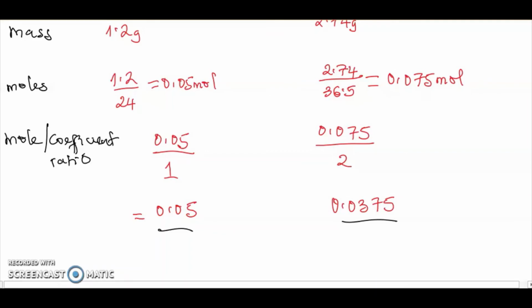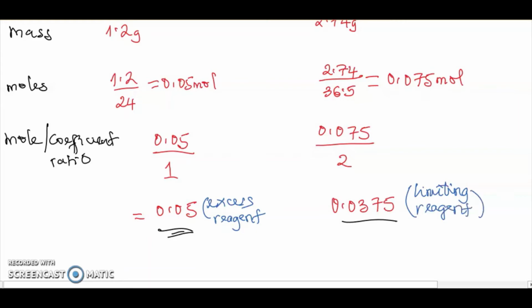Now, between these two values, which one is greater? You agree with me that 0.05 is the greater value. So this is the excess reagent. The one with the greater mole per coefficient ratio is the excess reagent, and the reactant with the lesser mole per coefficient ratio is the limiting reagent.